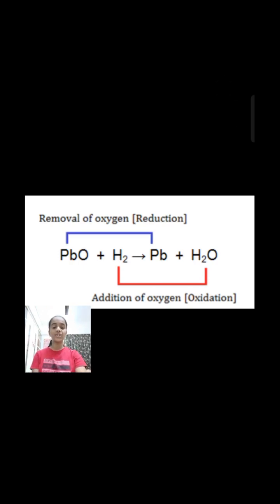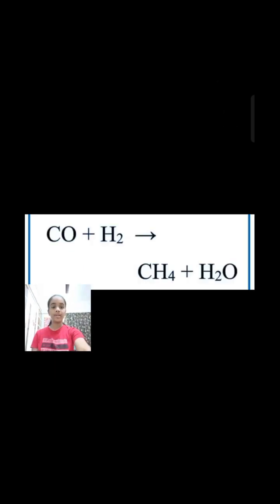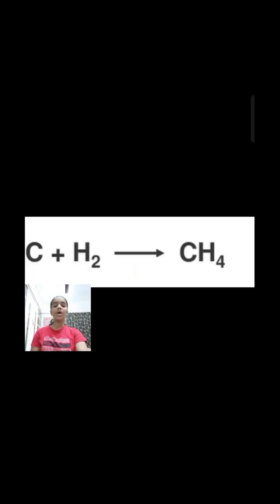Now we will see reaction of hydrogen with carbon dioxide. Hydrogen combines with carbon dioxide at a temperature of 300 to 400 degrees Celsius under high pressure with nickel as a catalyst to produce methane and water. Now we will see reaction of hydrogen with carbon.